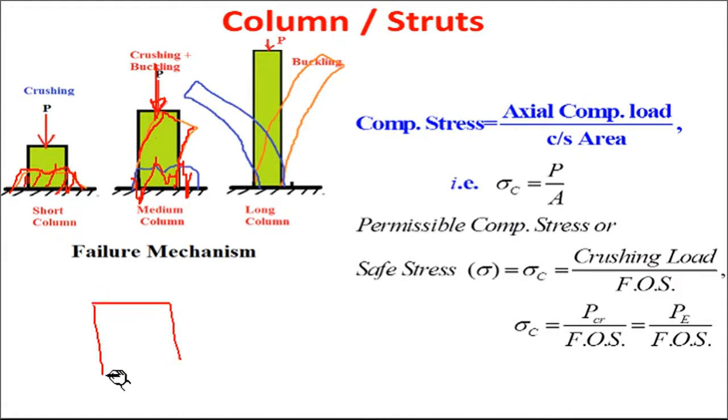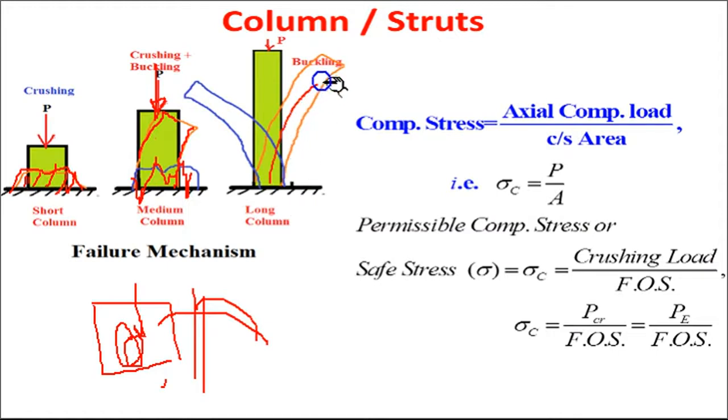If this is the cross section, even though the member is loaded axially at the center, sometimes what happens is that due to this non-axial load, the load causes a moment here, and that particular column will buckle like this. Vertical members may buckle like this, and a long column may fail due to buckling only. Buckling may be in this fashion or in this fashion.